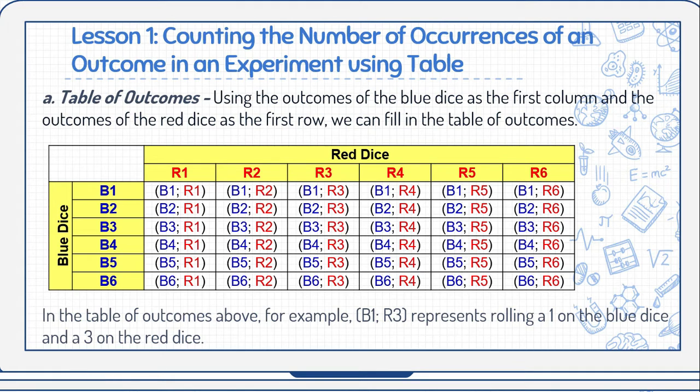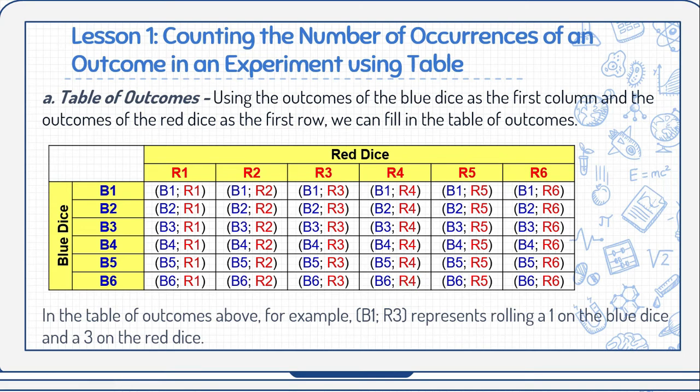Okay, pwede din na si blue is 2, tapos si red 1. Pwede din na si blue 2, and si red is also 2. And so on. Pwede din na si blue is 6, tapos si red is 4. Diba? Pares-pares po sila.